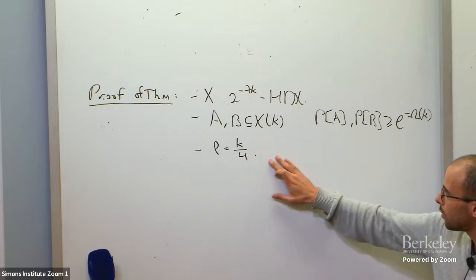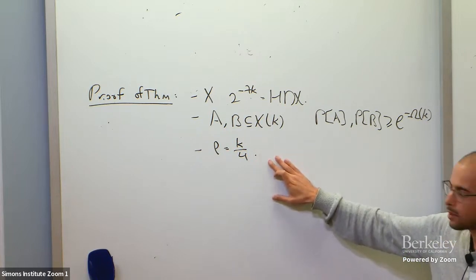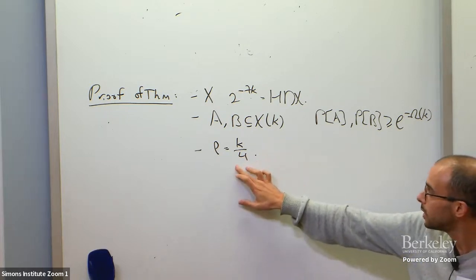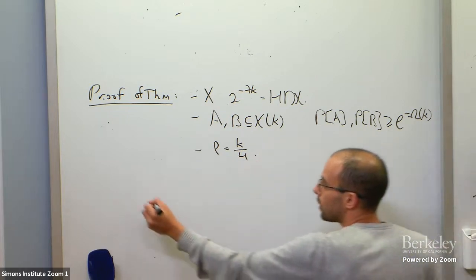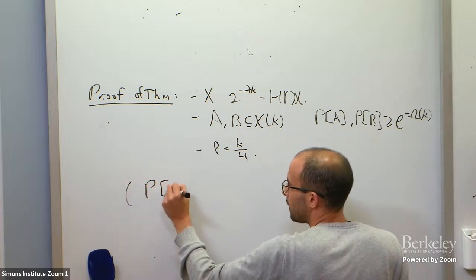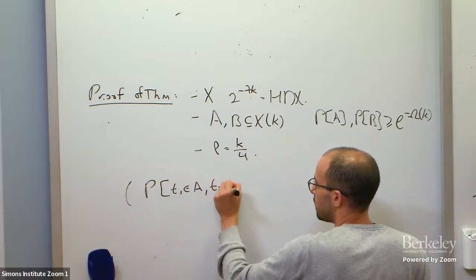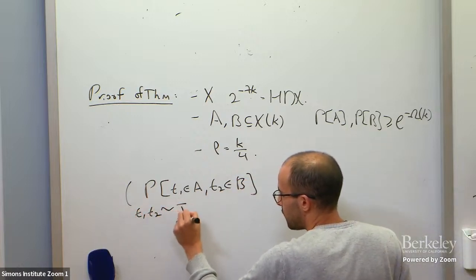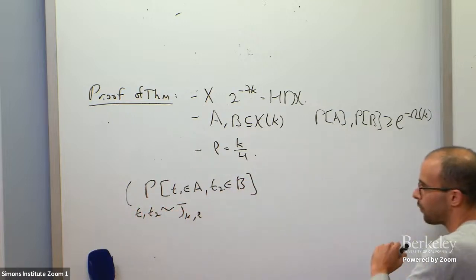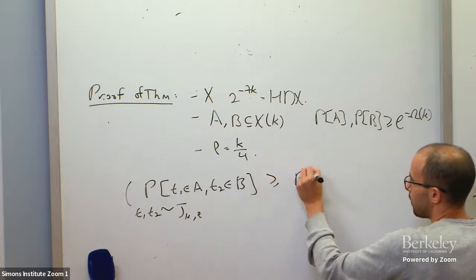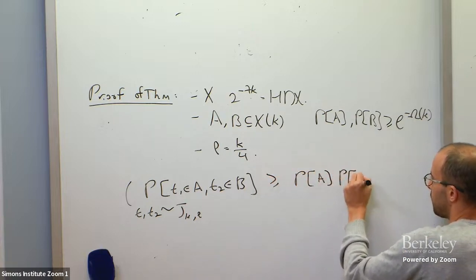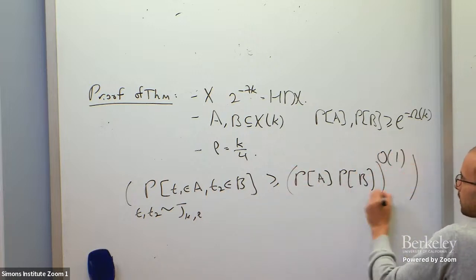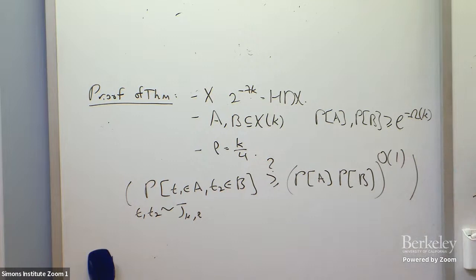When rho gets closer to 1, you need to introduce some more complexity to this proof, but still most of the ideas will suffice here. And this is still linear in K. What we want to show is that if I sample T1 and T2 in this sparsified Johnson graph, JKL, K over 4, this will be greater or equal to the probability of A times the probability of B to the O of 1. So this is what we want to show.